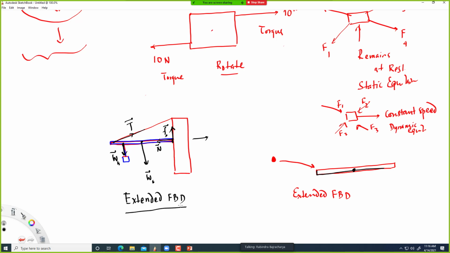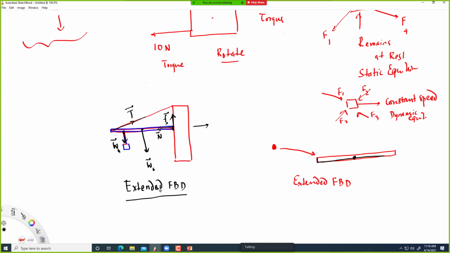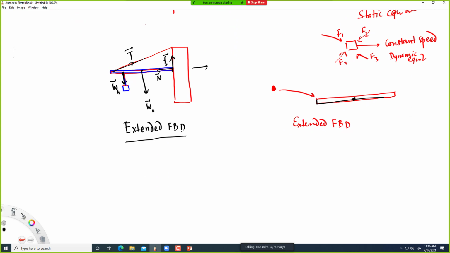So that's the answer for part A. And the next thing is, it's asking to write Newton's second law along the x-axis. So what is Newton's second law? Newton's second law is the sum of all the forces is equal to ma_x. So what are the forces along the x direction?